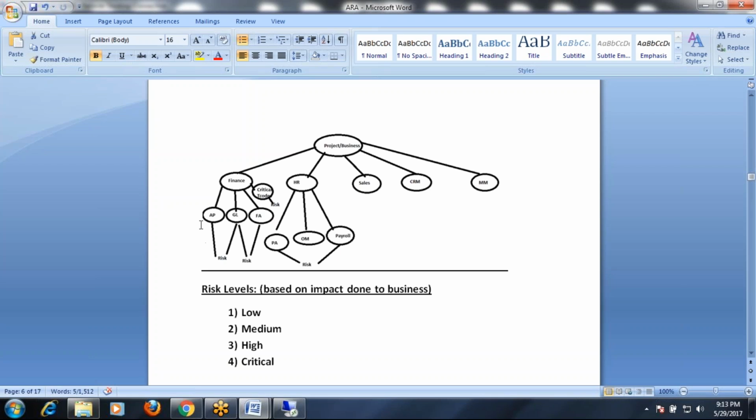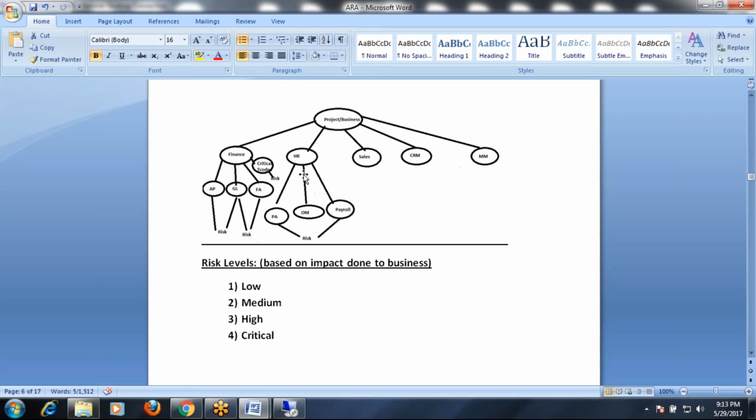According to the concept of SOD, a single user should not perform multiple functions. So if any user does AP plus GL, that is a risk. If any user does GL plus FA, that is a risk. If any user does, within HR, PA and payroll both, that is a risk. Two functions.